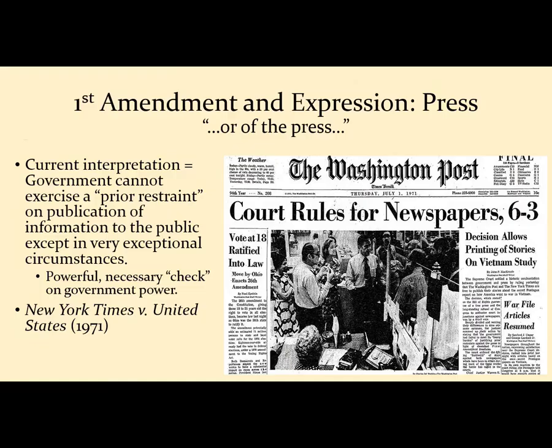So it's not like they're disclosing troop movements or the locations of spies or anything currently happening. It was about past activities. It was an exposé of sorts. And so there was no real justification, no real national emergency presented by this publication. So that was the reason why the prior restraint was held invalid and was not allowed.